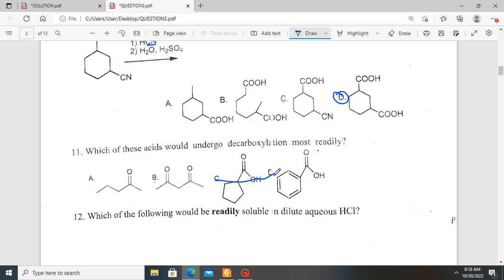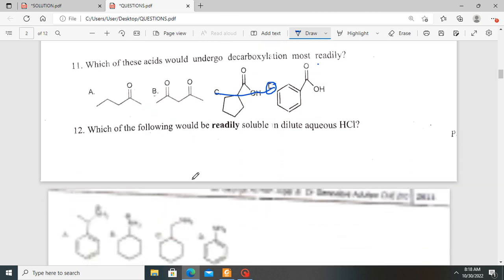So the answer is D, because after decarboxylation of benzene, the resulting compound will be more stable than this one. So the answer is D. The A and B stand no way to be decarboxylated because they have no carboxylate functional group.